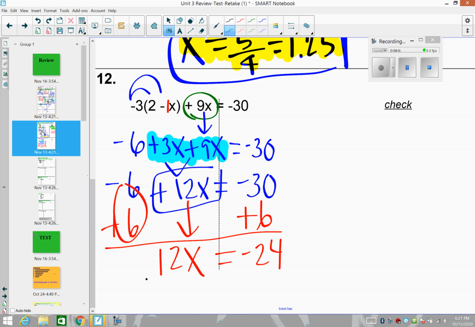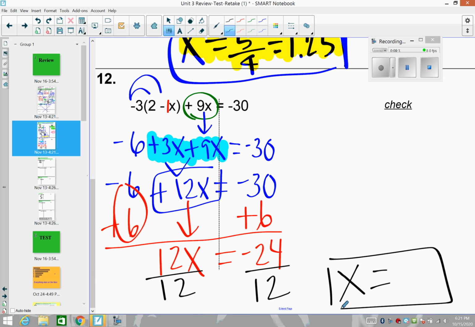And then we're going to divide by 12, copy, paste, copy, paste. So we get x is equal to -24 divided by 12 is -2. Again, this is a review, so it's covering a lot of stuff. So just pause it if it's going too fast. Rewind it, watch it again, millions of times until you have it down, mastered, and feeling good.